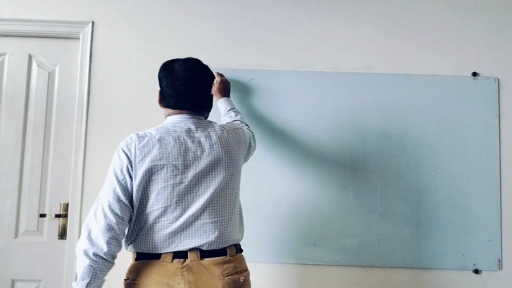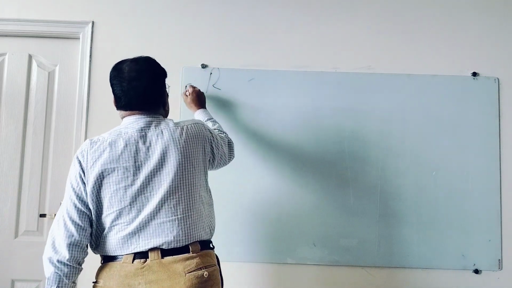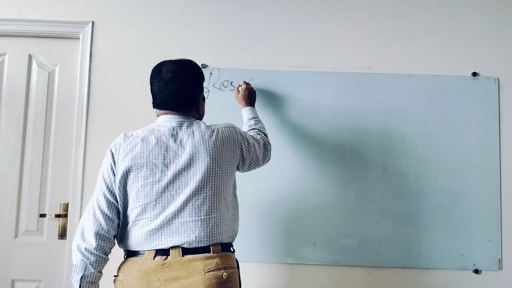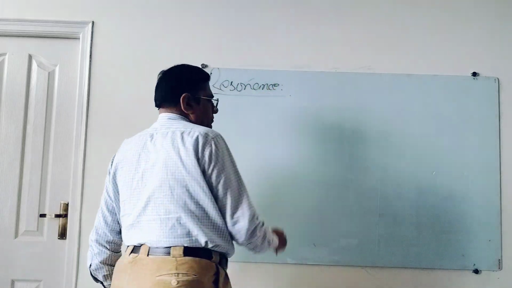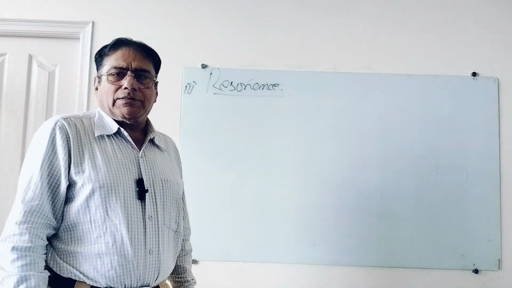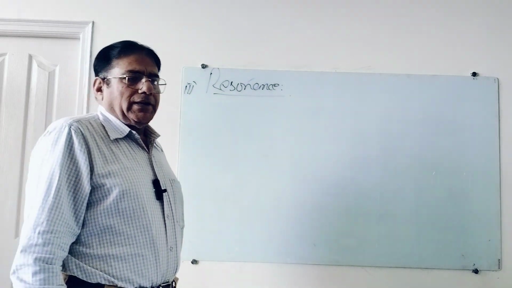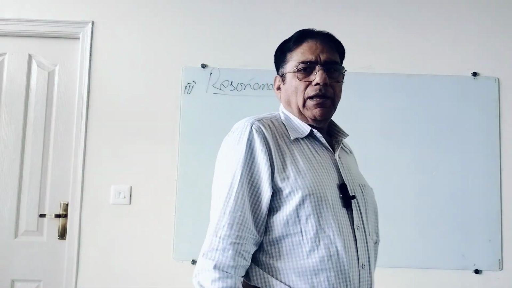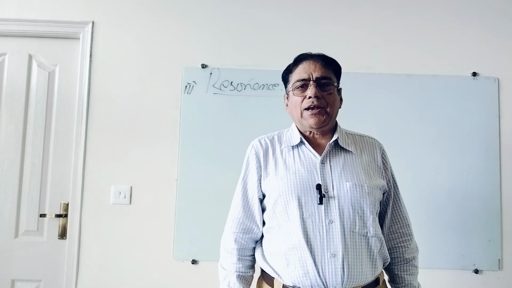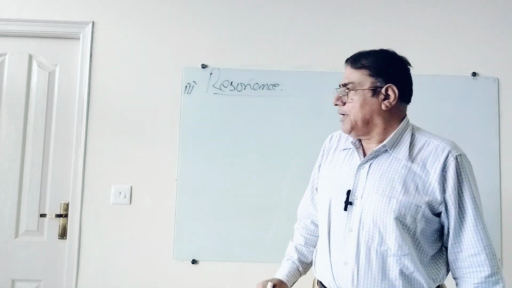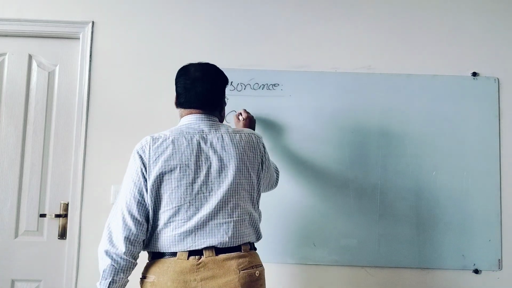If resonance is there, that is a strong effect. Even though tertiary butyl has 9 hyperconjugative structures.